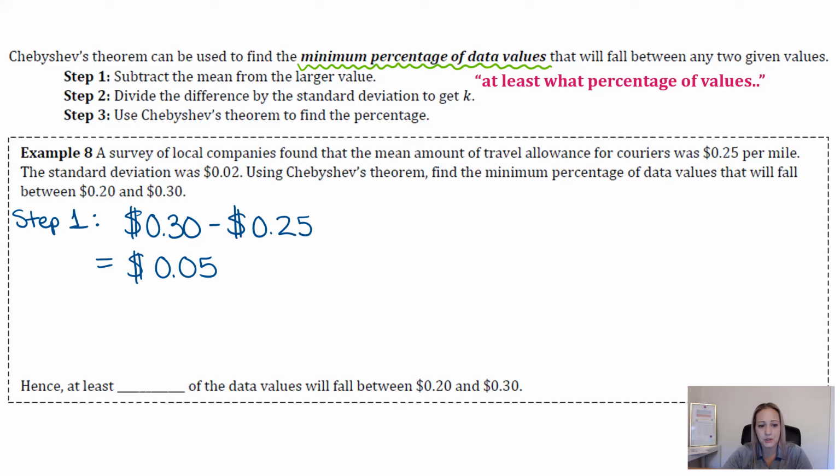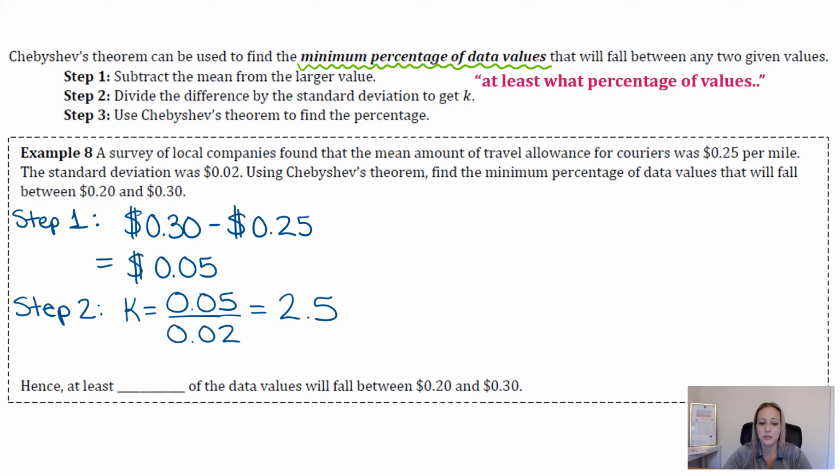Step 2, we want to divide the difference, which we just found, by the standard deviation. That's going to tell us what K is. So K is equal to the number from step 1 divided by the standard deviation, which they'll give you in the question. For us, it was 0.02. So 0.05 divided by 0.02 comes out to be 2.5. So K is equal to 2.5.